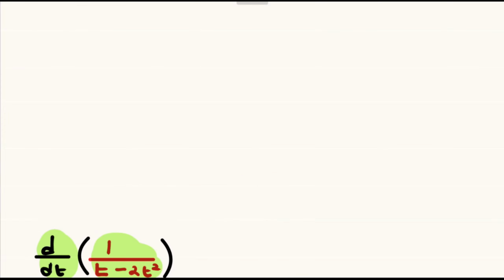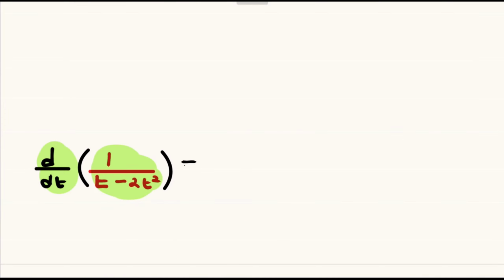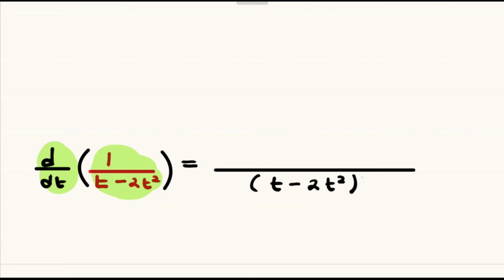So we have to differentiate this, and we have a quotient, so we are going to use the quotient rule. So we take the denominator, the t minus 2t squared, and we square it. And then we also have to differentiate the numerator. So the derivative of that one will be 0.